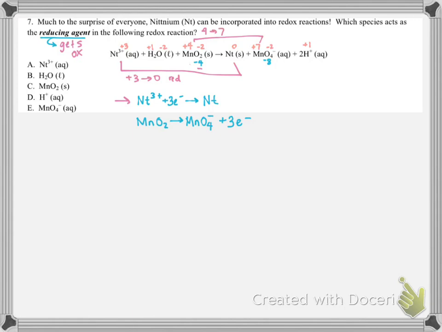So it's becoming more positive. So that must be getting oxidized and losing electrons. And that reaction is written here. And so, since manganese oxide has the manganese in the reactant that's changing oxidation states to become more positive, that will be our reducing agent.